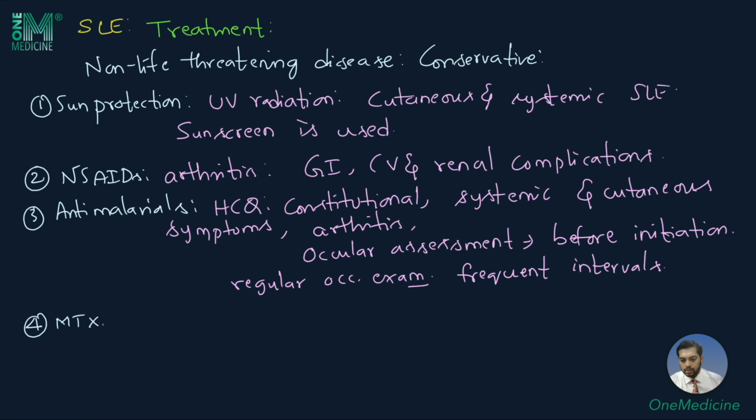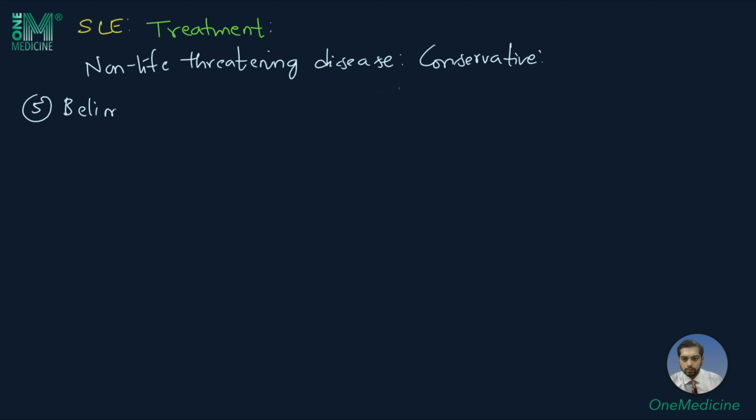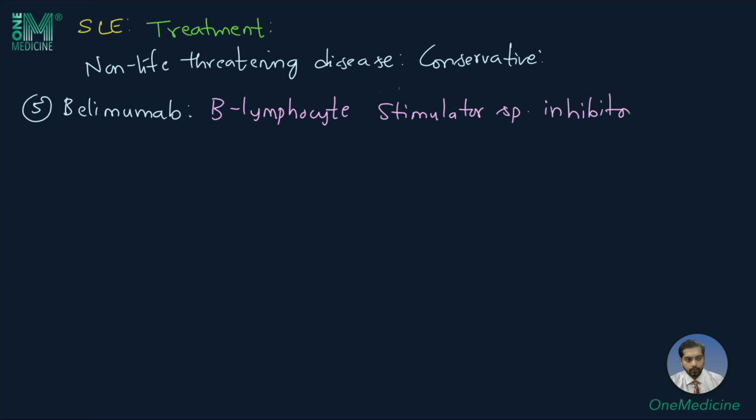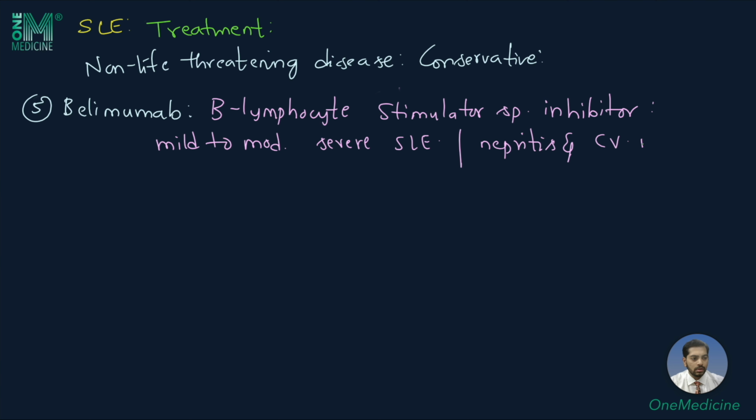Methotrexate is considered in patients with dermatitis and arthritis. Belimumab, which is a B lymphocyte stimulator specific inhibitor, is used in patients with mild to moderately severe SLE and is usually avoided in patients with nephritic and cardiovascular manifestations.